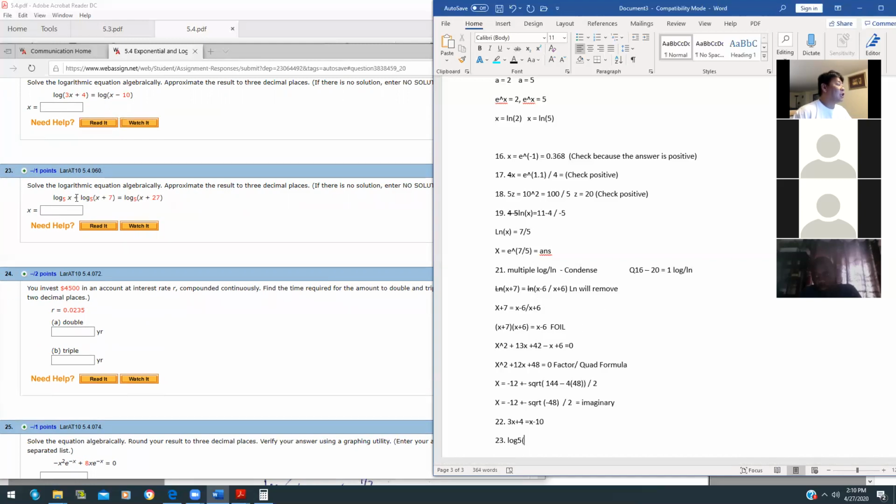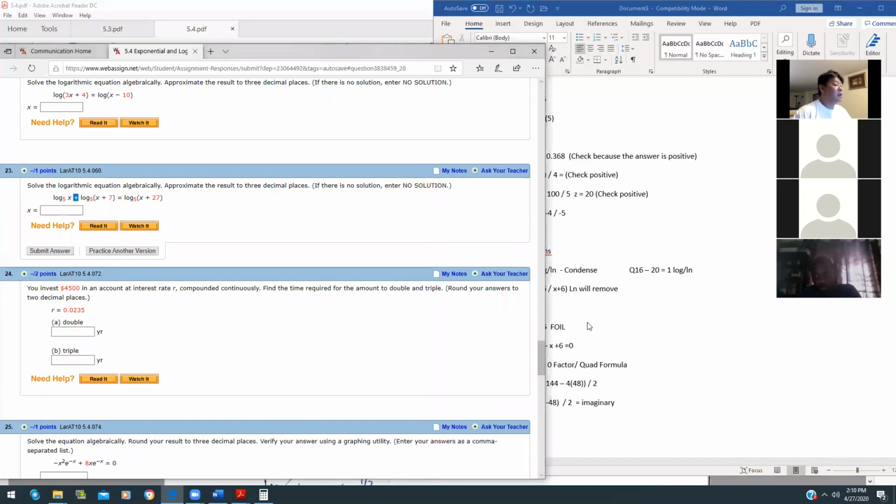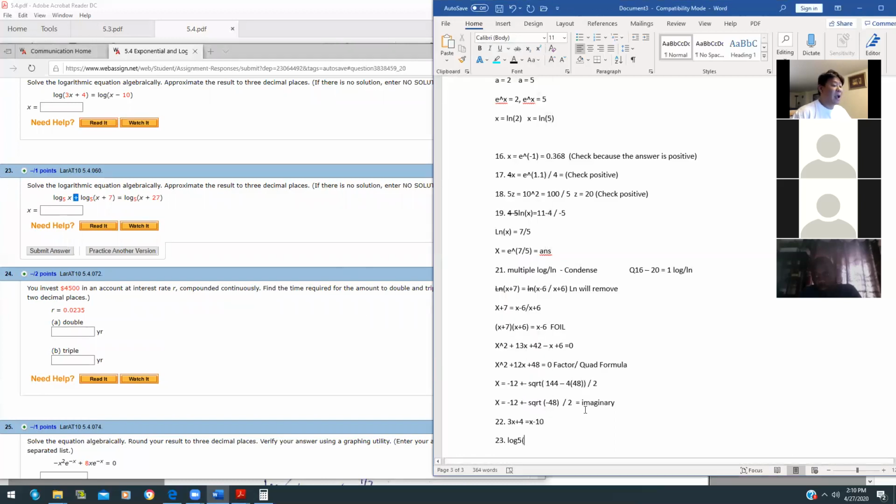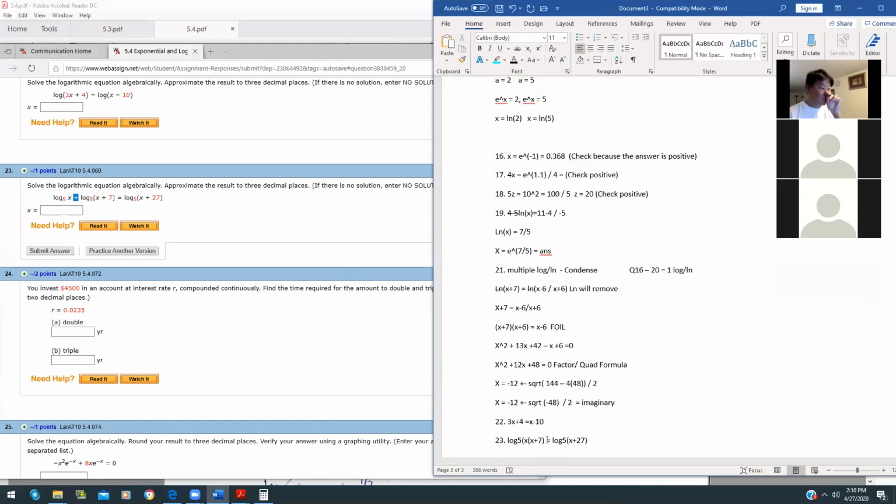So this is addition here. If it's addition, we have to multiply, right? So x times x plus 7, and then this is equal to log 5 x plus 27. So yes, you have to multiply this.